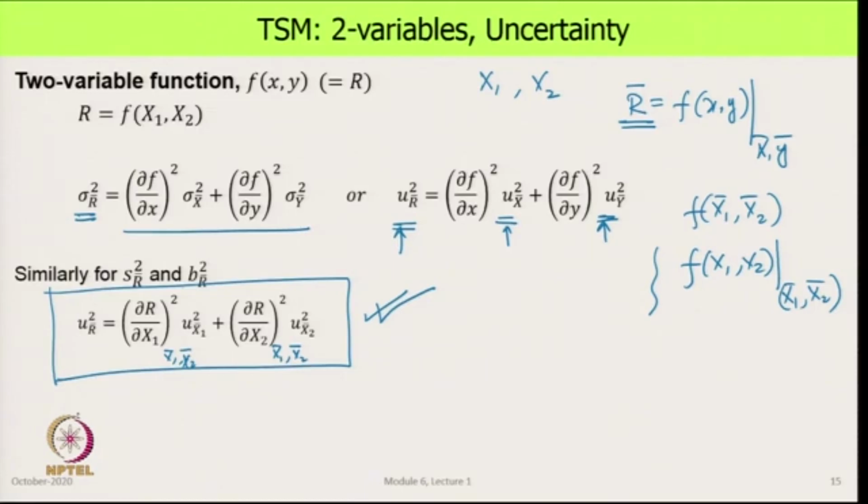Instead of u, we could even write this as s bar squared, in which case this will be a function of s x 1 bar squared plus s x 2 bar squared. That will give us the random standard uncertainty of the result, and we can also say b r bar squared, the systematic standard uncertainty in the result. This would be b x 1 bar squared plus something something b x 2 bar squared.